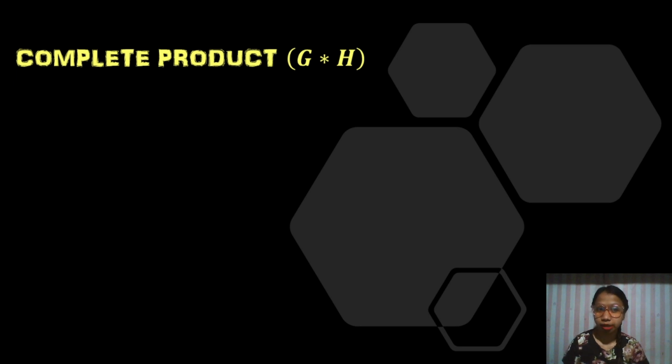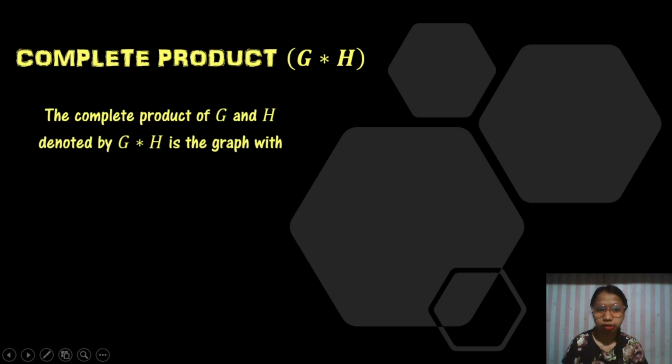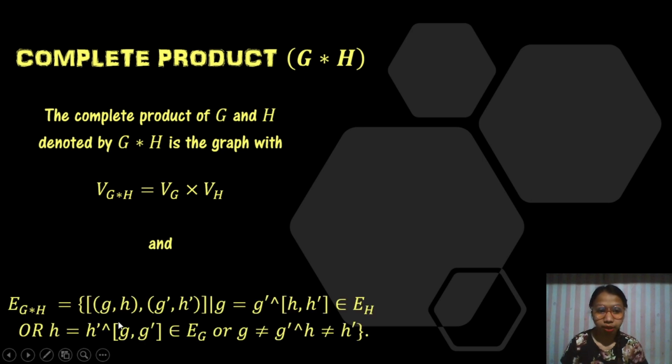And for the last operation, which is the complete product or G star H, it is a graph with this vertex set: the cross product of the vertex set from the first graph and the vertex set from the second graph. And the edges are made by following these relationships, where g, h comes from the first graph, and g prime, h prime comes from the second graph.